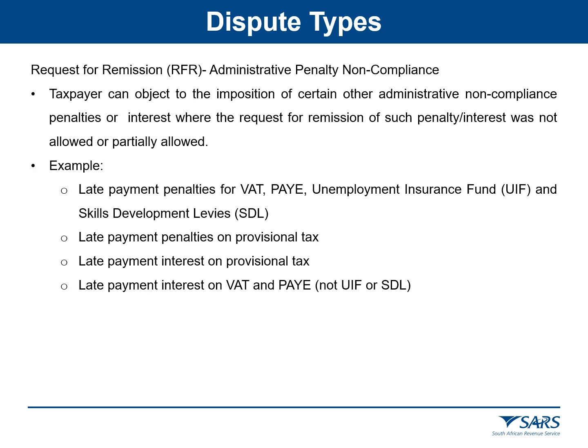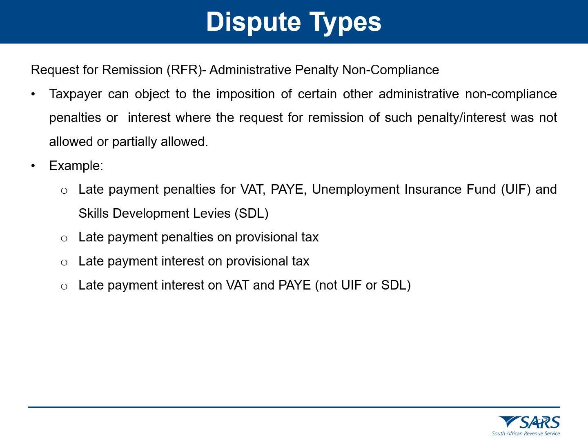Request for remission, RFR, administrative penalty non-compliance. Taxpayers can object to the imposition of certain other administrative non-compliance penalties or interest where the request for remission of such penalties or interest was not allowed or it was partially allowed.